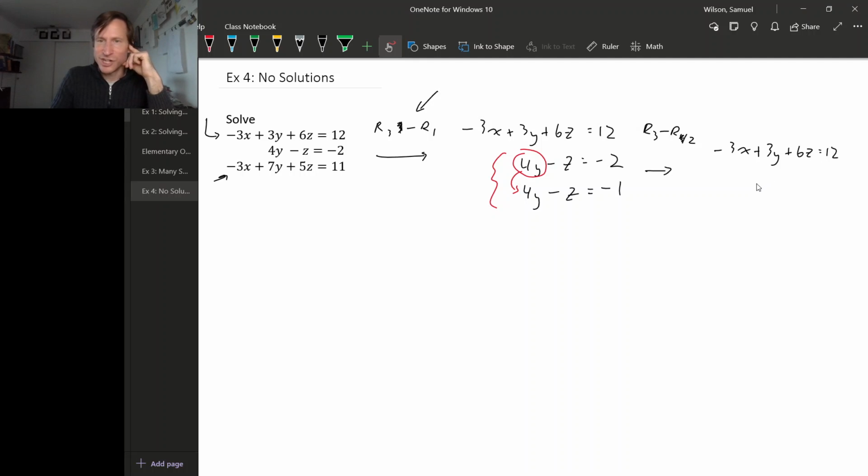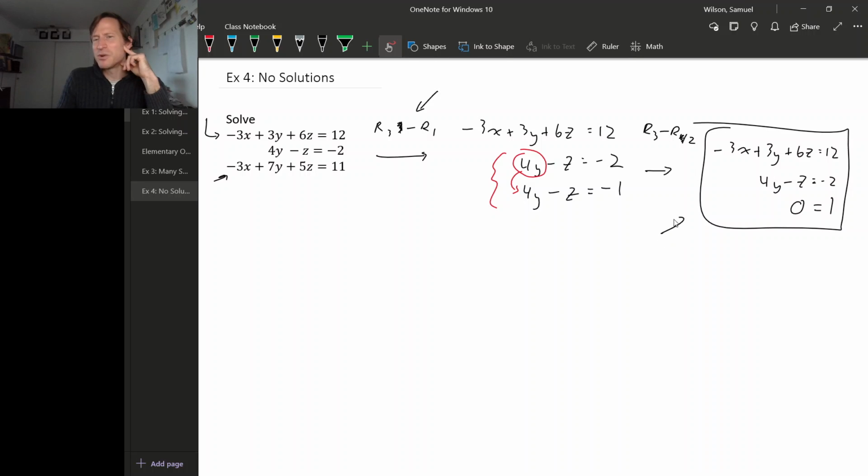The second equation doesn't change: 4y minus z equals minus 2. And then for the third equation, 4y minus 4y, there are no y's; minus z minus negative z, there are no z's either, so the left-hand side is 0. And then negative 1 minus negative 2 is positive 1. So now our system of equations looks like this.